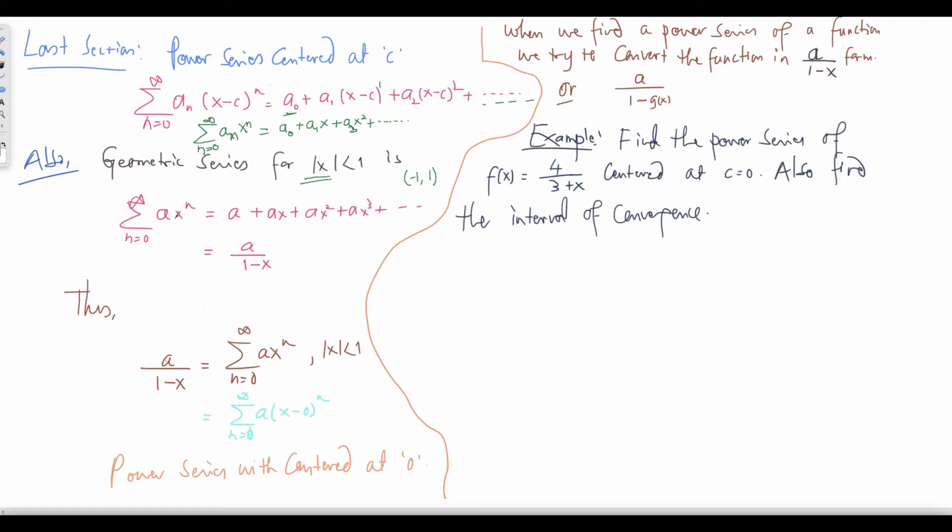How do we know that? Because if you take the ratio between any two successive terms, you get the same number. That is the common ratio, x.